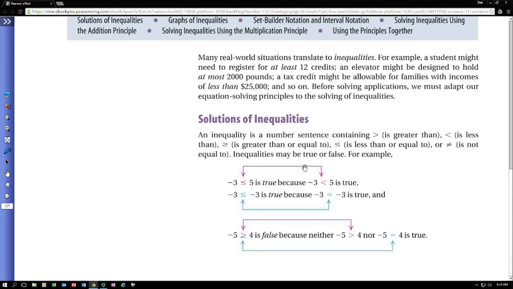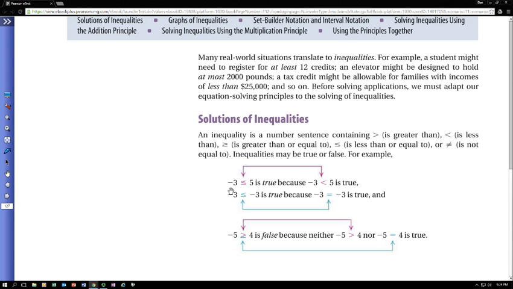So there's a difference. And when we have this combination of symbols, greater than or equal to, that or really means something. And here is less than or equal to. And also an inequality is not equal to. When we have a slash through things, like the slash through the equal sign, it means not equal to.